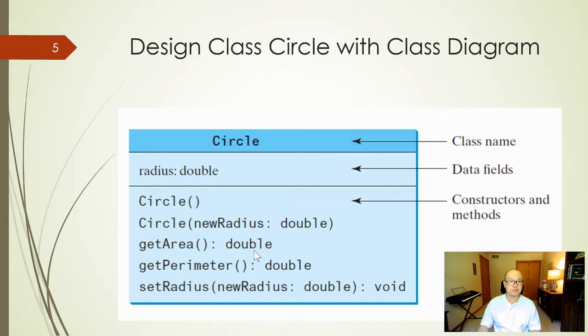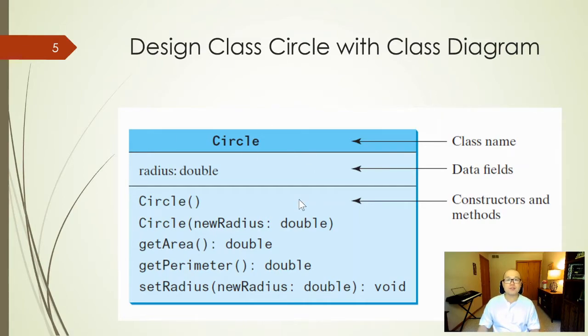Here double refers to the return value type. And getPerimeter, the same thing, its return value type is double. And setRadius, its return type is void, so it needs nothing to be returned, but it takes a parameter. So if you want to change the radius of a circle, you just pass a new radius to it.